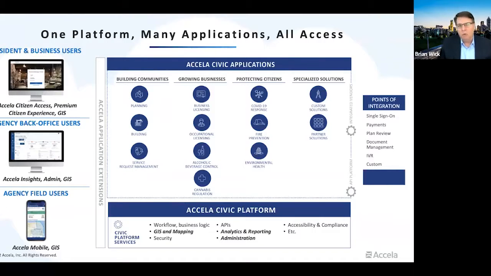It's a public portal, and it allows residents and business users to go in and apply for permits and licenses, pay fees, get status, and essentially conduct business with the agency. The products that pertain to that are Accela Citizen Access, our premium citizen experience, as well as GIS functionality that can be exposed to those external users.